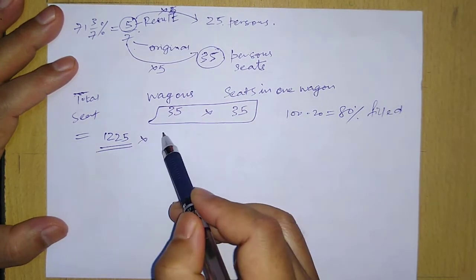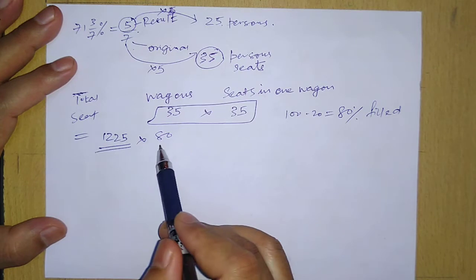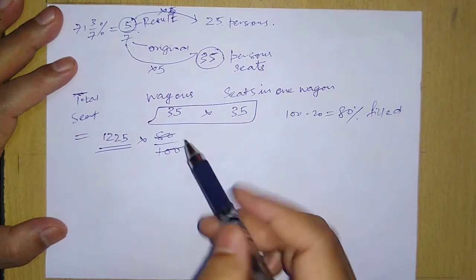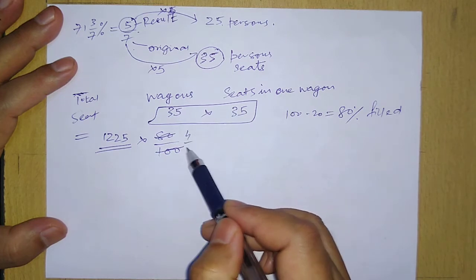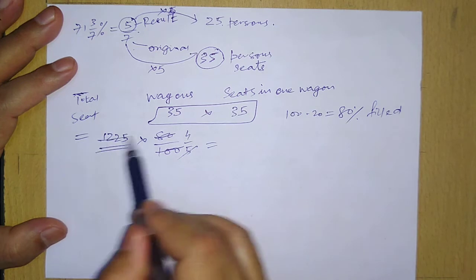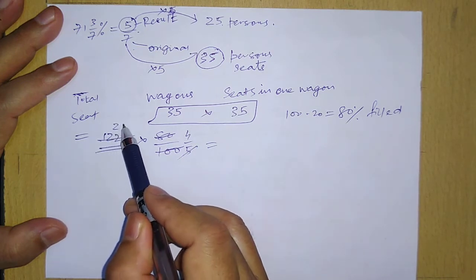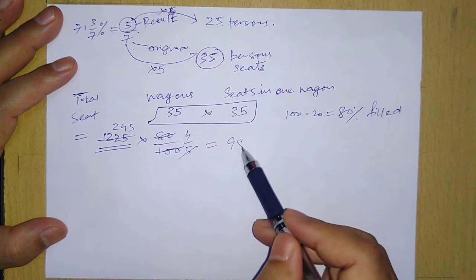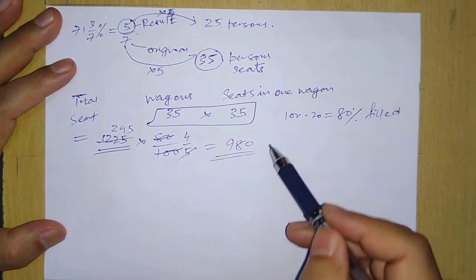So 80% of 1225 total seats. 80% means 4 by 5. So if you multiply this, we will get 980 as our answer.